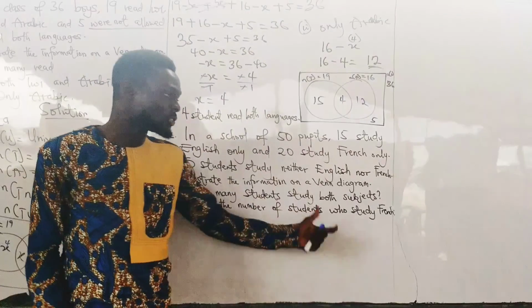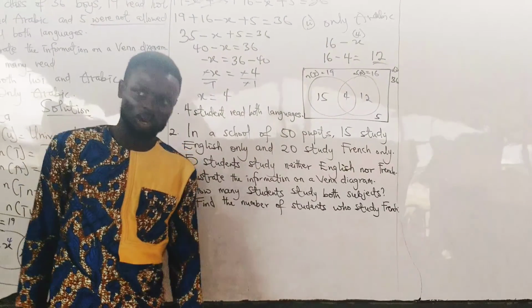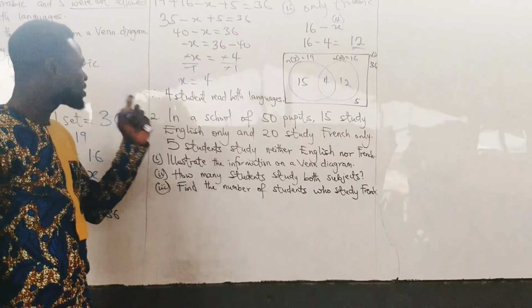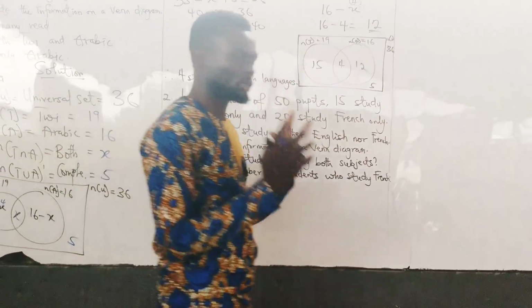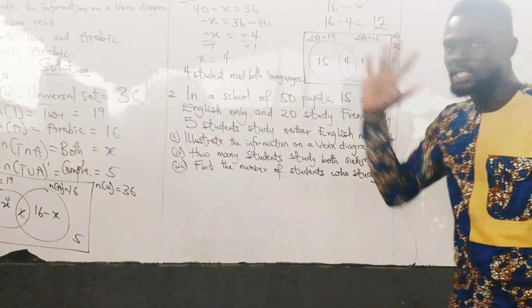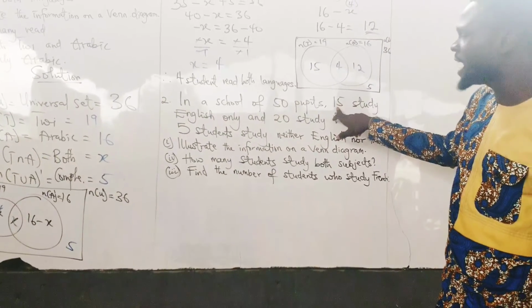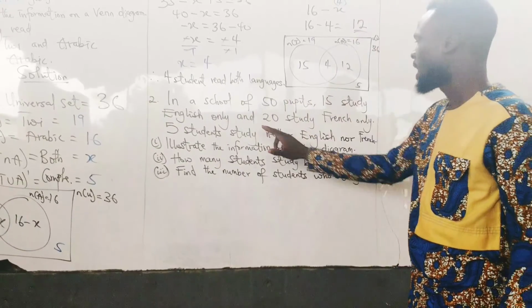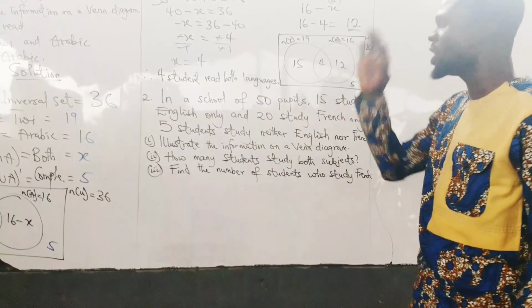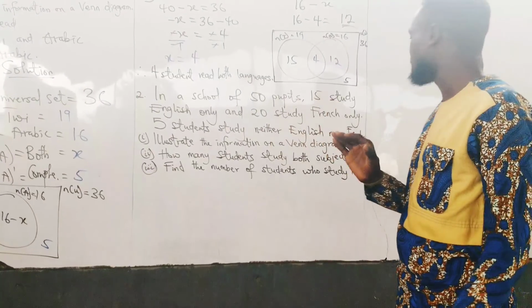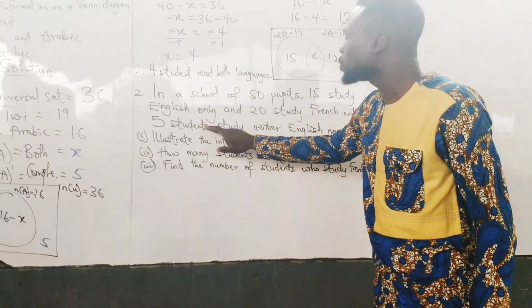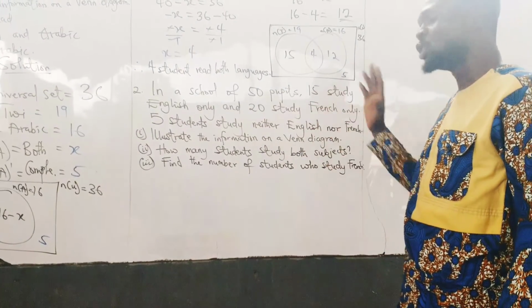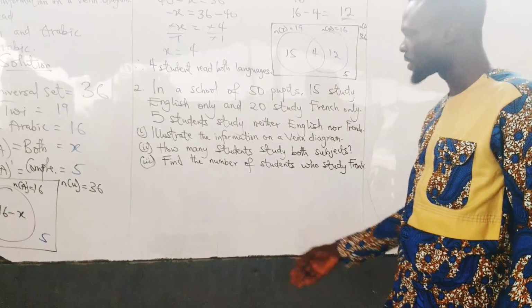Let's try the last question and we shall call it a day. Number 2, it says that in a school of 50 people, so in the school there are 50, 15 study English only and 20 study French only. 5 students study neither English nor French.